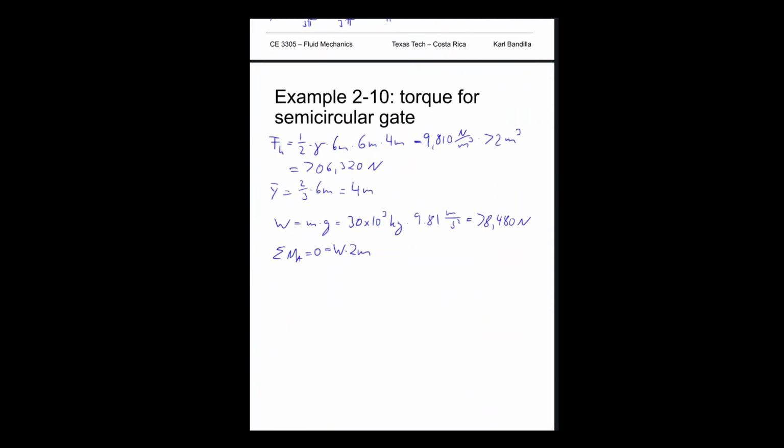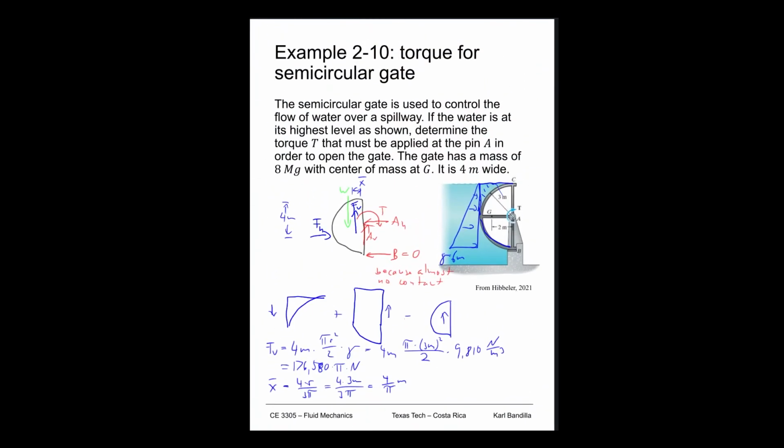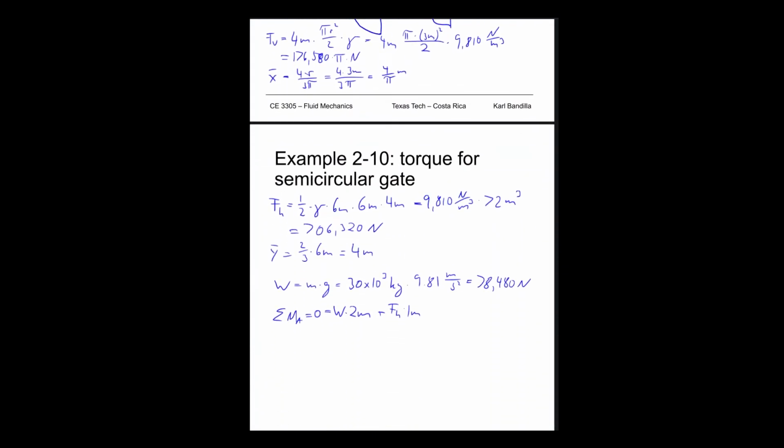Okay, so we have plus FH times 1 meter. Then we have our vertical one. The vertical one is turning clockwise, so it would be negative, and the distance was our 4 over pi, right?